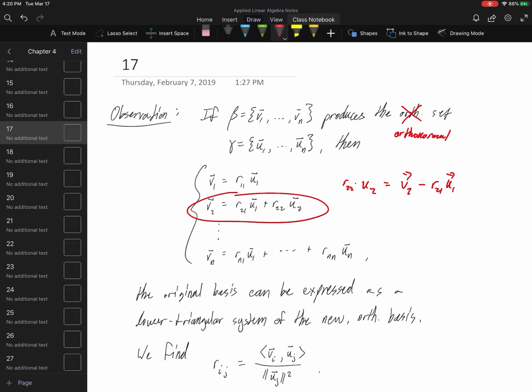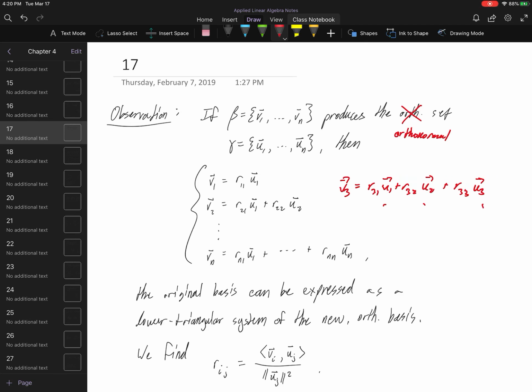This is exactly what we were seeing before, that there's just some multiple of U1 that I'm shaving off of V2. Right, and so this shouldn't come as a surprise. This is exactly how we constructed the orthogonal set with Gram-Schmidt. And we can continue, right? There would be a V3 that only depends on R31 U1, R32 U2, R33 U3, right?